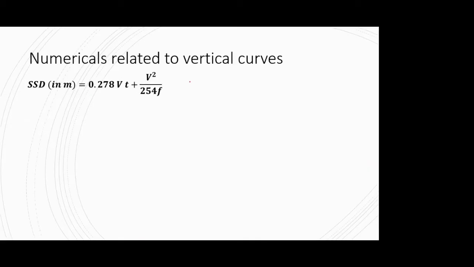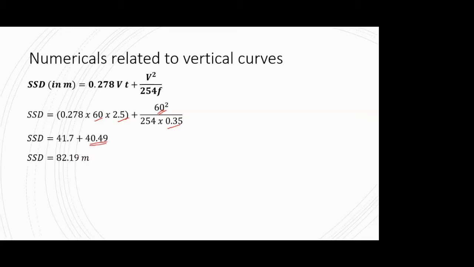I'll go through the steps again. For the SSD formula, we have used this formula, substituting the values: speed 60 kmph, reaction time 2.5, and coefficient of longitudinal friction 0.35. There was an error over here, I had taken 50 by mistake. So I've calculated the correct value of SSD. It comes out to be 82.19. The procedure still remains the same.